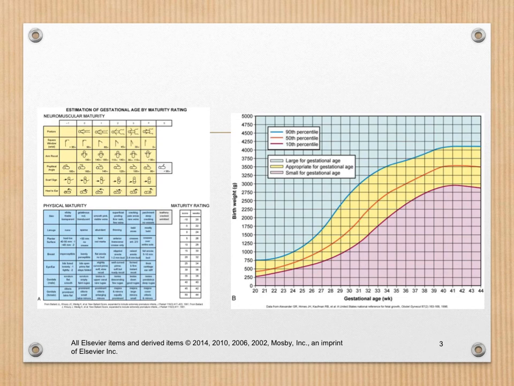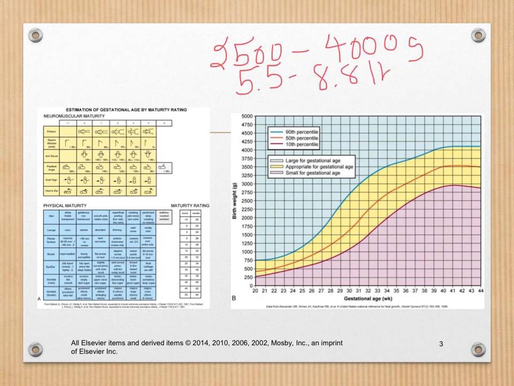So for example, if I have a newborn and I am meeting the term weights or normal term infant weights, which are 2,500 to 4,000 grams, that equates to 5.5 pounds to 8.8 pounds.